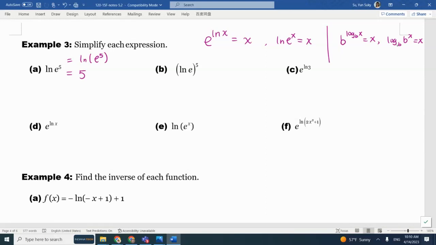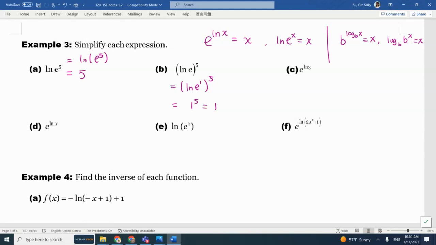So you can imagine this is ln of e to the 1. e is like e to the 1, right? And now, ln and e cancel. You get the 1 left. Yes? So 1 to the 5th is just 1. So part A and part B depend on the parentheses. You get a different answer. Okay, everybody?